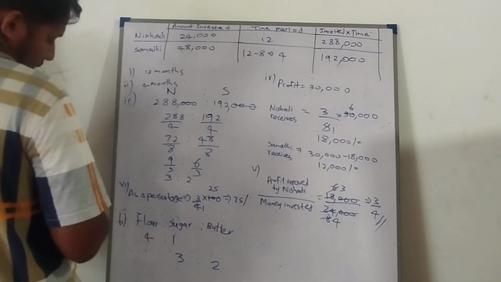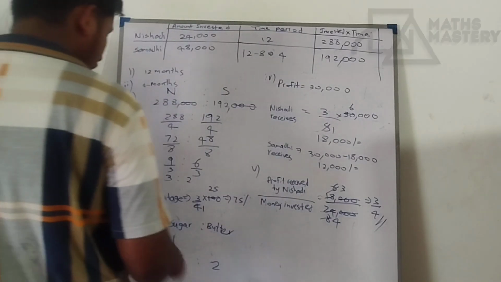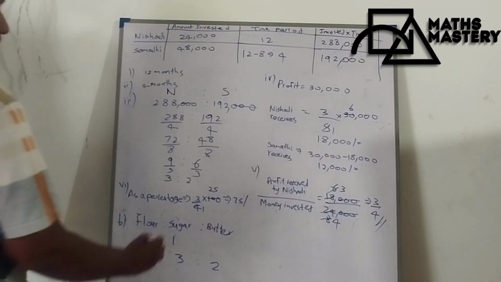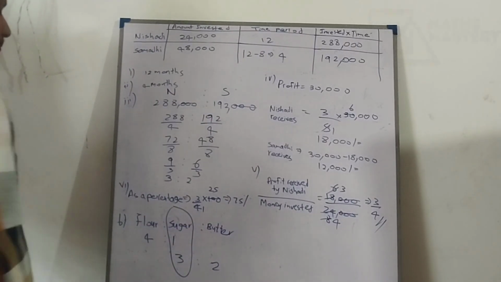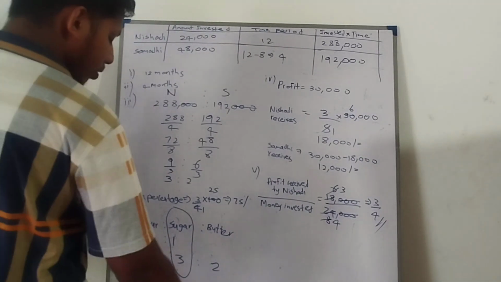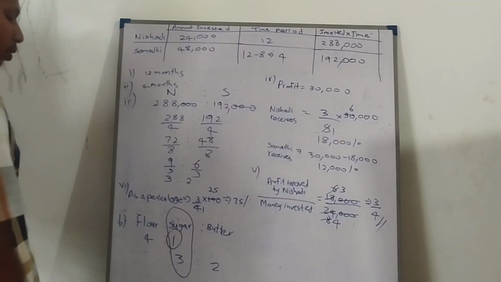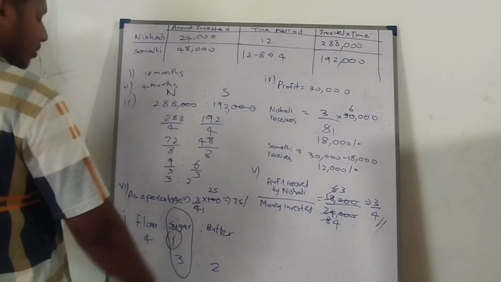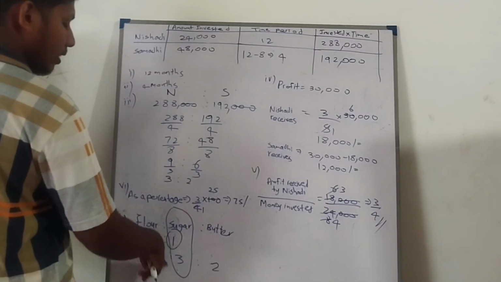Okay, how to do this? Students, there's a ratio on the top and a ratio in the bottom, but there is a common ingredient in both of the ratios, which is sugar. Look carefully. You are going to make 1 as 3, because here the sugar has the 3 ratio.